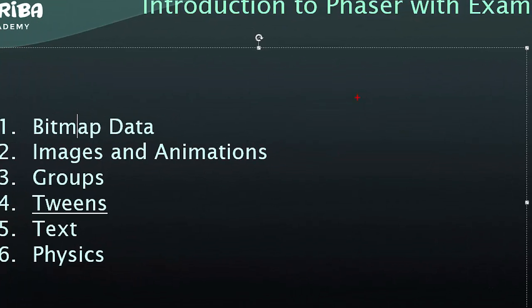Say that you want to create some kind of a shape, like a button. I'm not very good at circles, and here it's filled, and you have some text inside. This thing you can do with bitmap data.